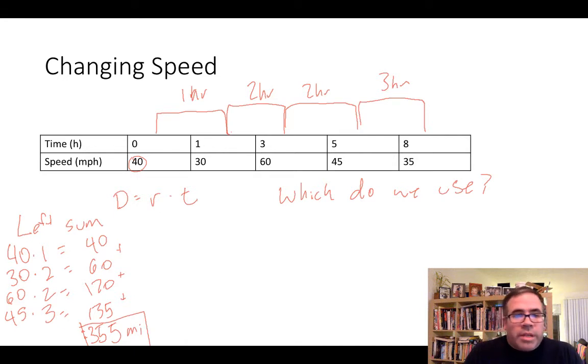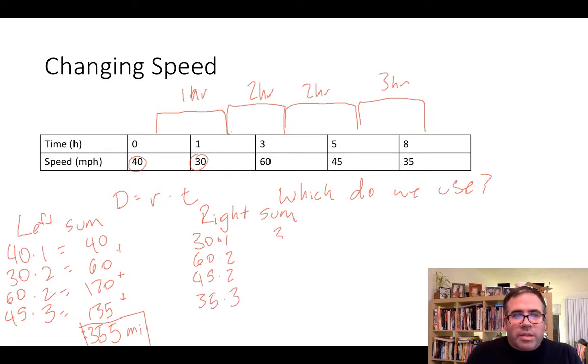But we could also take the right sum. We're using the same intervals as before, but rather than using the speed on the left, we use the speed on the right. So for the first one, it'd be 30 times 1. And then we would have 60 times 2. And then we would have 45 times 2. And then 35 times 3.